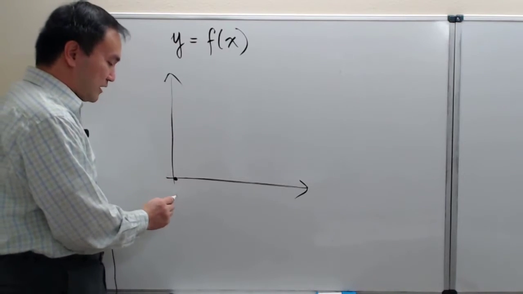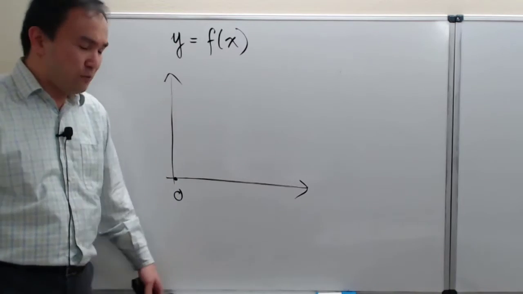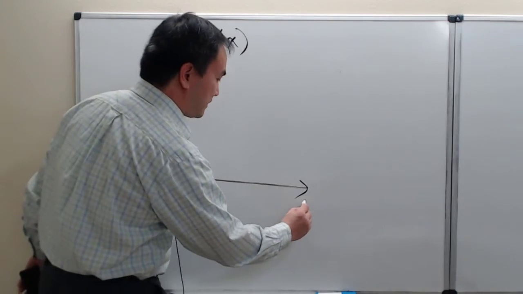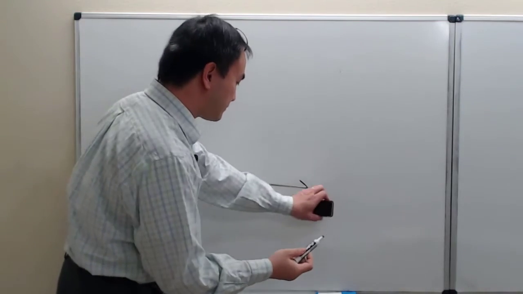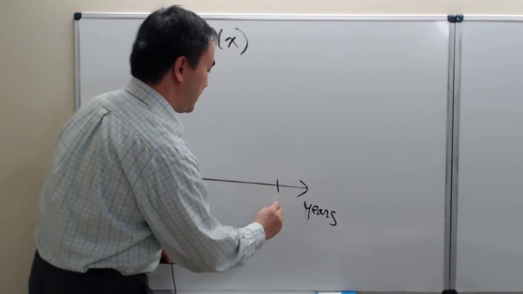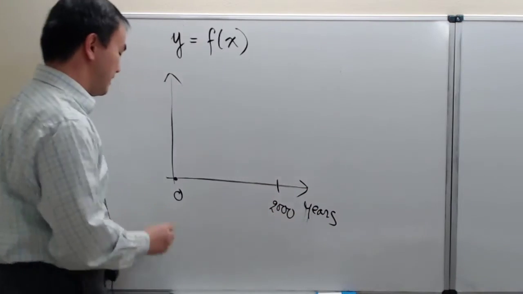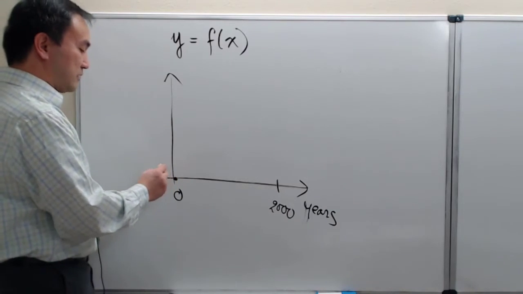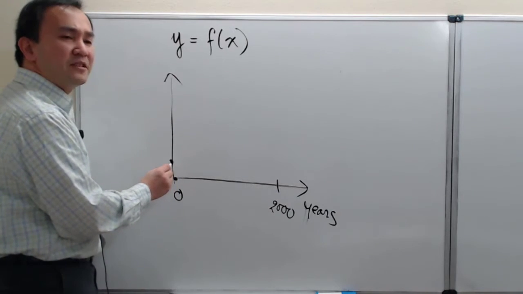At some year, and we call that time zero, some starting point. And then, again in years, let's say 2,000 years later. And at the start, we have about a few hundred. I'm making up a scenario right here.